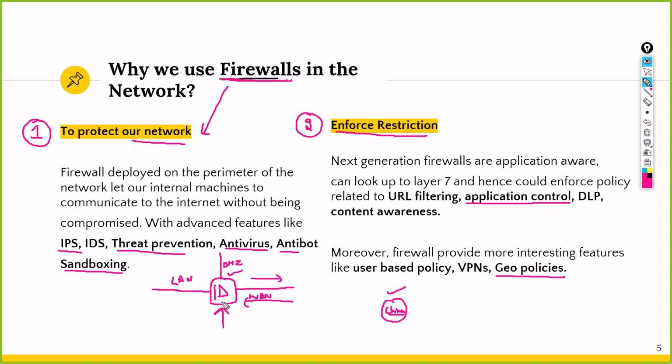It can see that even though your traffic is HTTPS, you're doing this activity. And content awareness is, say you want your internal team to download documents but not PDFs. It sees this is a PDF file. The firewall can do that. So these are two major points due to which we deploy firewalls in the network.